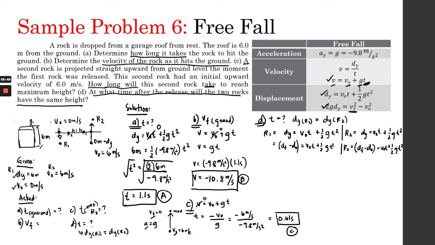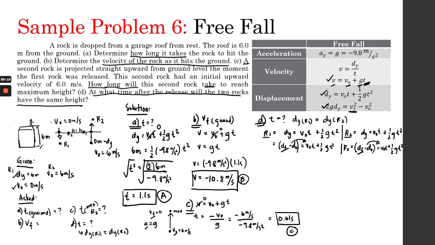And we need to do this because we are looking for the time that the distance should be equal, meaning their final distance should be equal to each other. So we have to transfer this d onto the other side, their initial distance. We have to do this because the initial distance for rock 1 and the initial distance for rock 2 is not the same. What we're looking for is that their final distance should be the same.